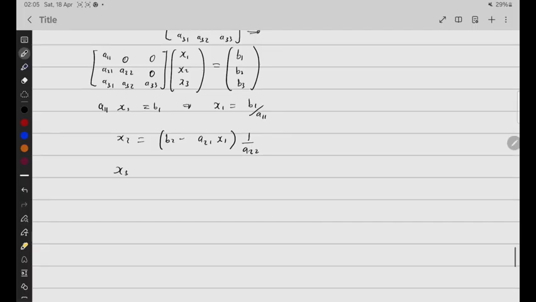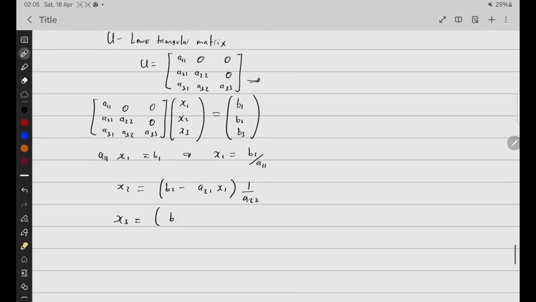And we shall also say that my x3 is also in the form b3 minus a31 x1 minus a32 x2, and this is also out of a33.